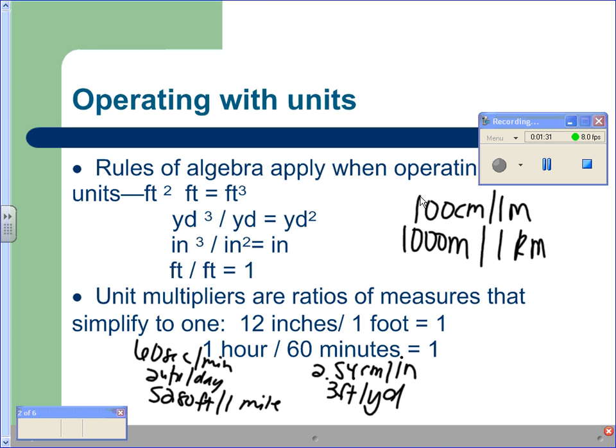Yeah, it is on its own. Those are the ones, pretty much, if you don't know them, you need to learn them. It's like 1760 maybe, but I don't really use that one.